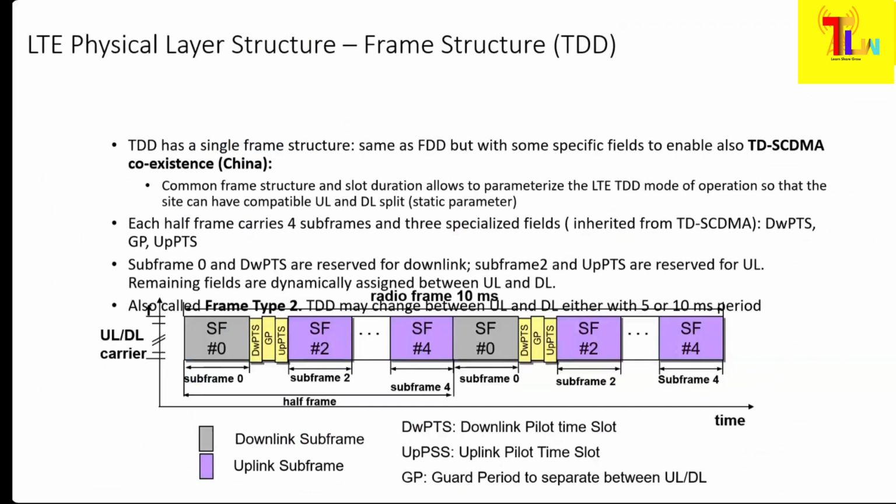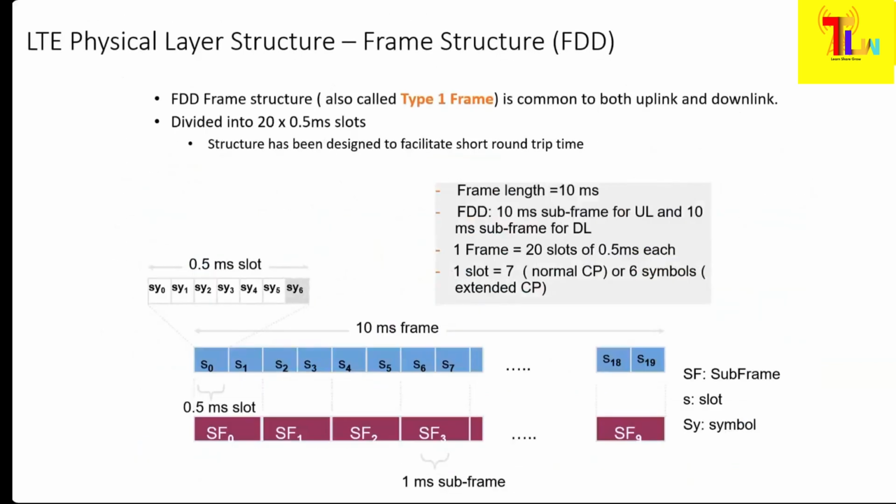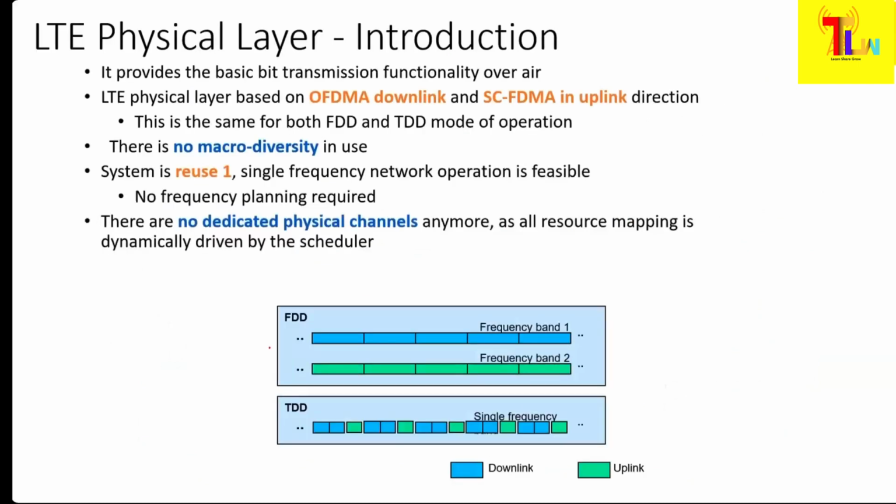Okay, let's understand what the structure of TDD is. In FDD it is very straightforward: we know this is uplink and this is downlink. But in TDD we have downlink and uplink, and we have to manage them in between.